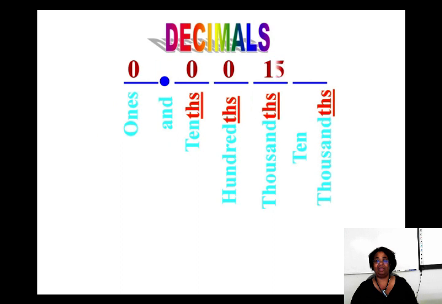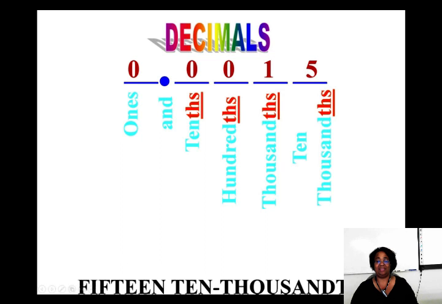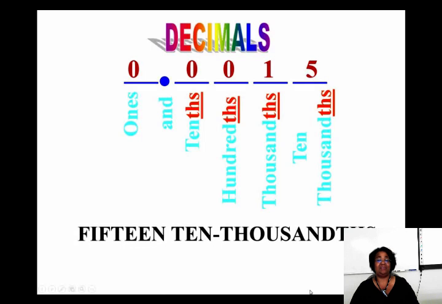Now, how am I going to read all these zeros? How would I read it? 15 what? Thousands. 15,000. No, what kind of thousands? 15 10,000s, yes. 15 10,000s. Now, a strategy for writing this, if I was given the words instead of the numbers, is I would go ahead and put a decimal, and then I like to do these underlines and just count out tenths, hundredths, thousandths, 10,000ths.